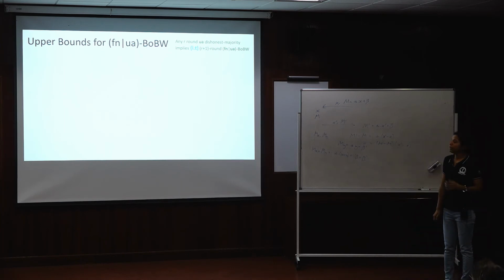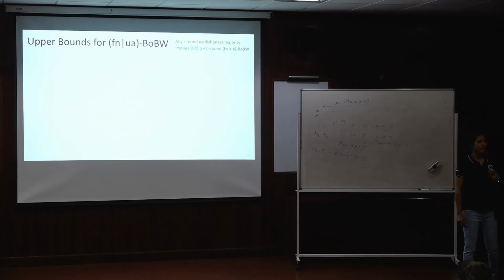And then we are going to get a new protocol which is best of both worlds in category, giving you fairness in the honest majority world and unanimous abort in the dishonest majority setting. And interestingly, if the unanimous abort protocol in the dishonest majority setting has R rounds, then the new compiled protocol is going to be just R plus 1 rounds. That is all.